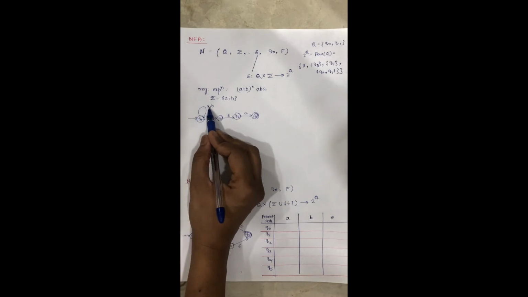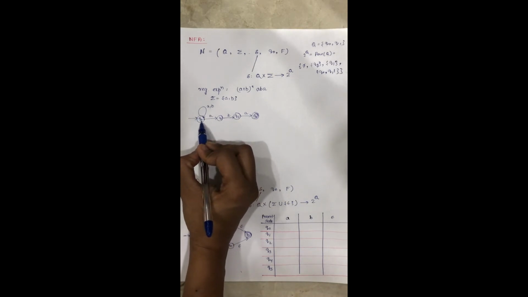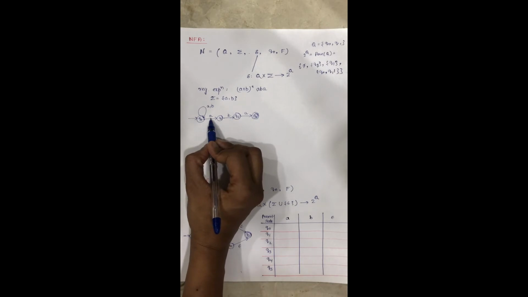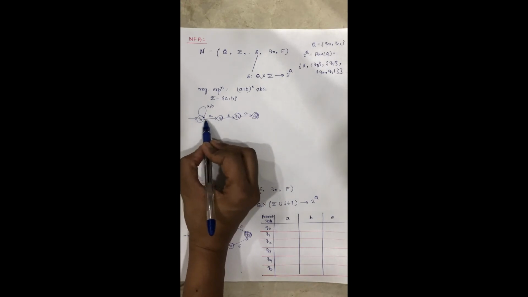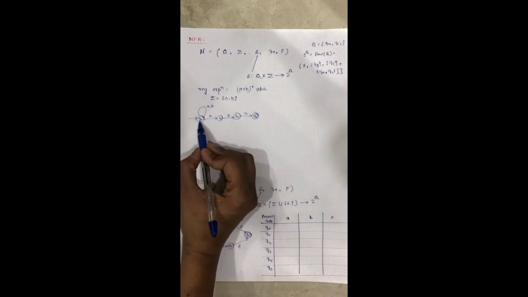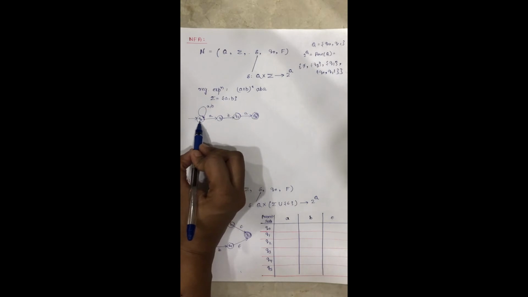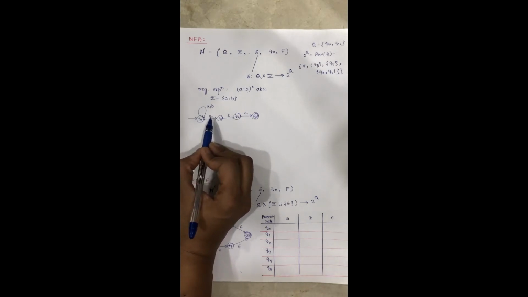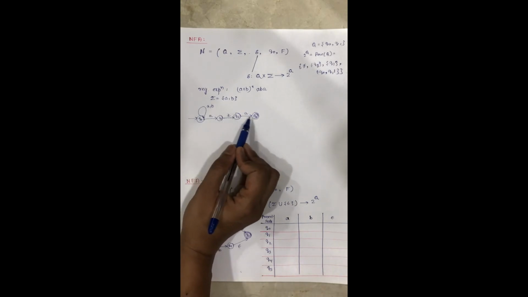One transition is leading to state Q0 itself. The second outgoing transition for input symbol a is leading us to state Q1. So here we can say at a particular state for a particular input symbol there will be 0 or more transitions.